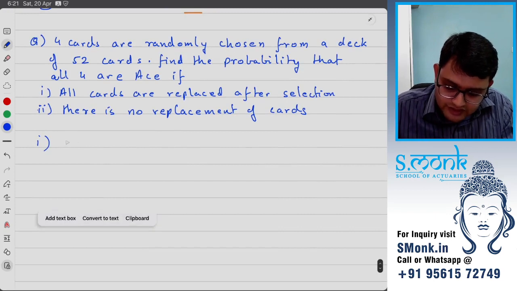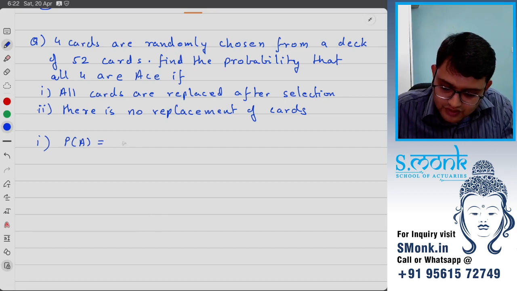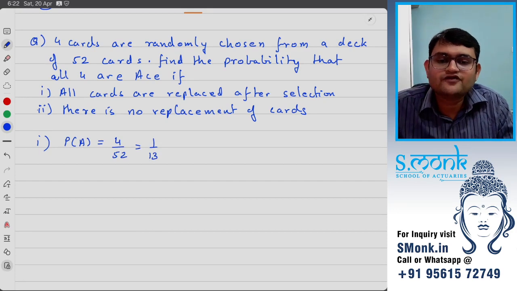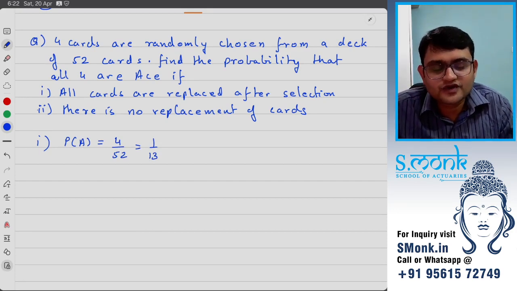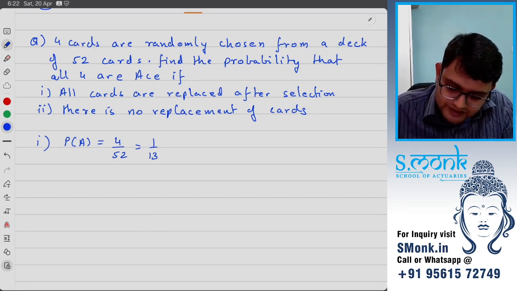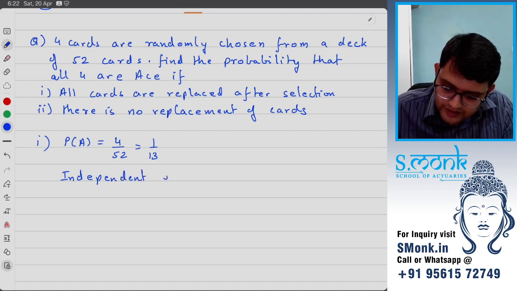So I'll say probability of A is 4 by 52, that is 1 by 13, because I have 4 aces in a deck of 52 cards. And because there is replacement, we have independent events.